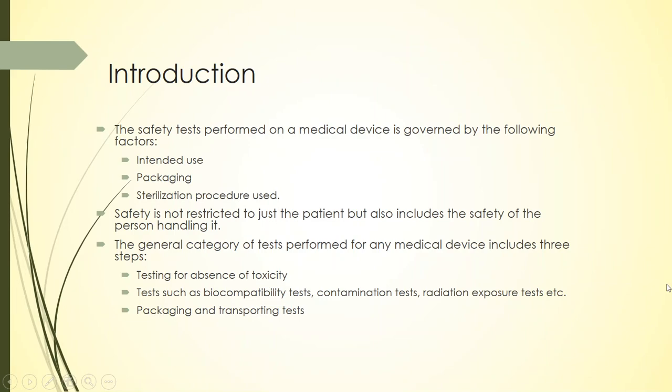And finally the packaging and the transporting tests are also vital, because no matter how sterilized your device is at your manufacturing unit, if while transporting and packaging the device gets contaminated, then the purpose of sterilization is totally compromised, right?